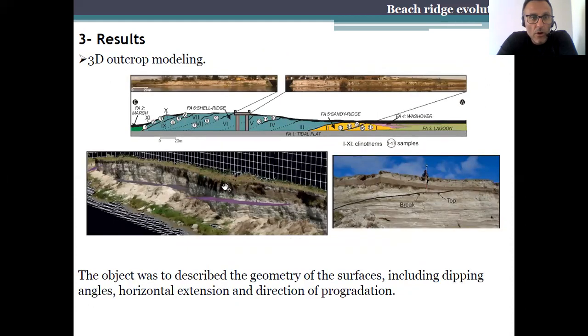With the 3D outcrop modeling, we could characterize and measure some aspects of each clinoform. Some of them are very well expressed in the field and it's easy to take measures, but for the others, only after the reconstruction with the model could we measure aspects like the dipping angles, the horizontal extension, and the direction of progradation.